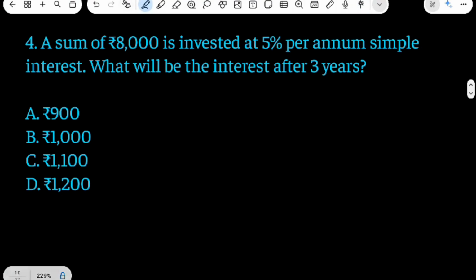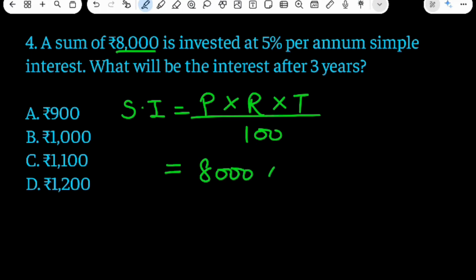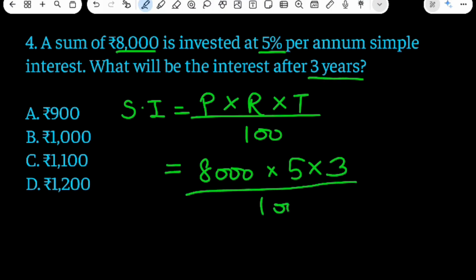Now we have the simple interest formula again, that is equal to principal multiplied by rate multiplied by time divided by 100. Simple. Now we are provided with the principal, that is 8,000, with the rate of 5%, and with the time frame, that is 3 years. Dividing the whole by 100. Now let's solve it out.